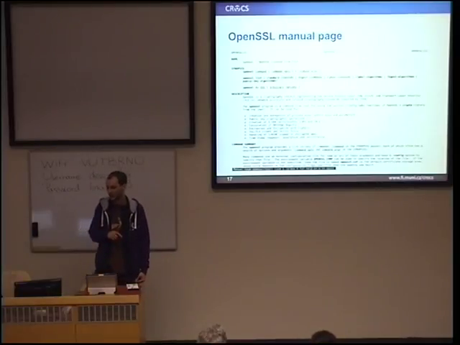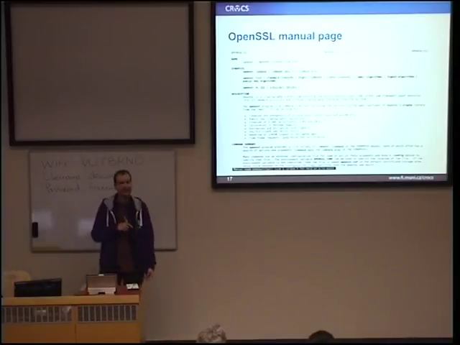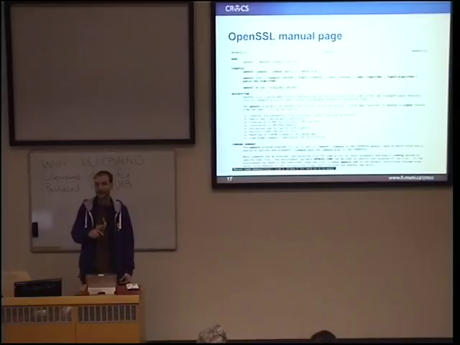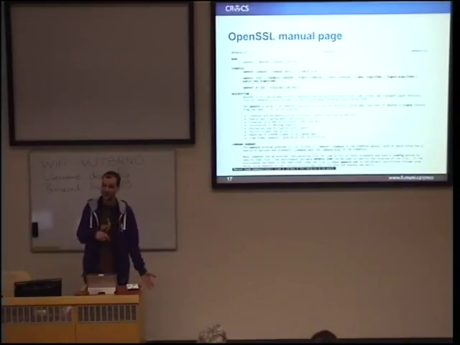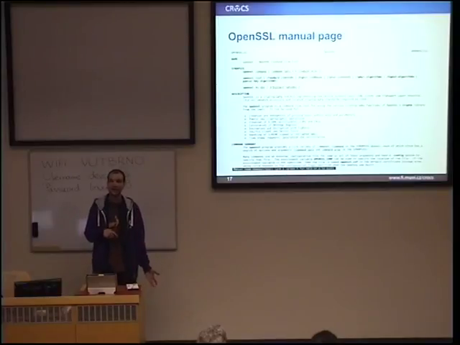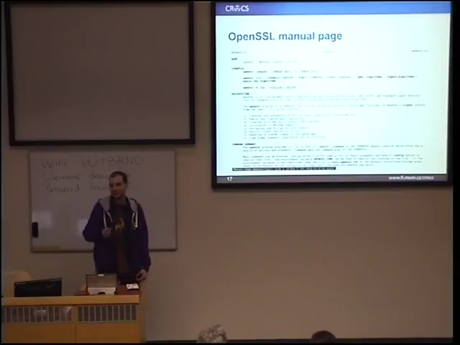Another thing that people complained about in the manual page was that it lacked examples. That's not true, to be fair to OpenSSL and its manual page. The examples are there, and actually, for at least one, but maybe in both of the tasks, the solution nearly to the precise problem is there in the examples section.